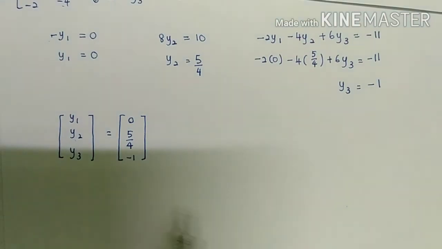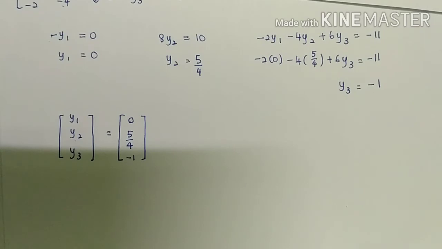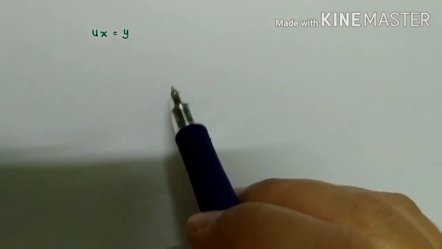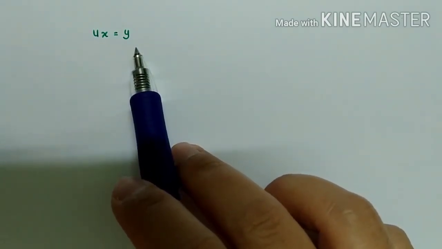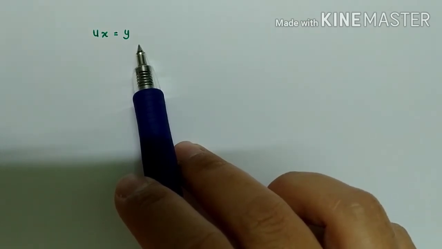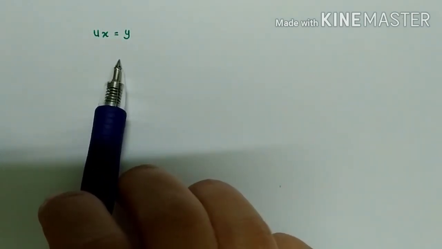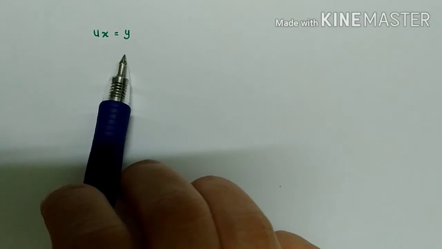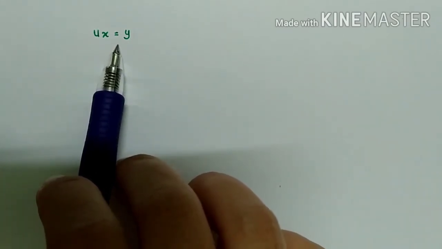Okay, so after we get matrix Y, we substitute into this formula. We have Ux equals Y. Again, you can refer to my previous video on the Doolittle method to know how to get this formula, where this formula Ux equals Y comes from.